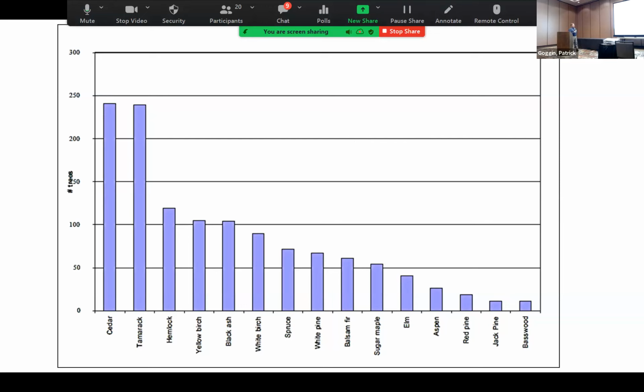And as you can see, black ash is, I think, fifth down the list here. A lot of other species were dominant in these wetland forests that are today primarily black ash. And the concern there is they're susceptible to emerald ash borer. And we're trying to diversify those forests.